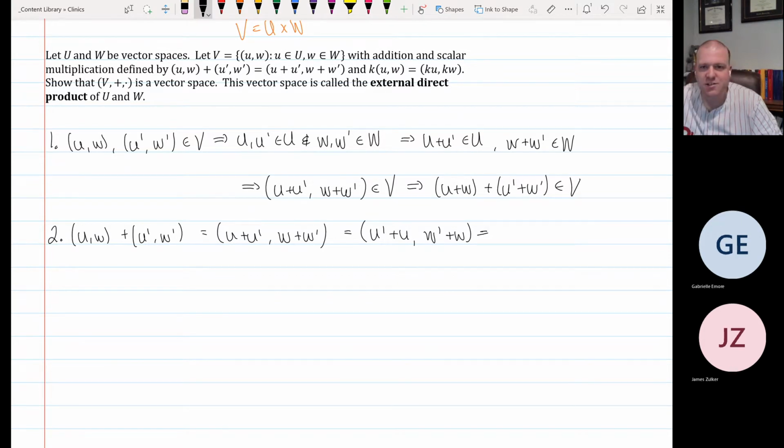So by definition, this would be (u prime, w prime) plus (u, w). So addition is commutative, right?